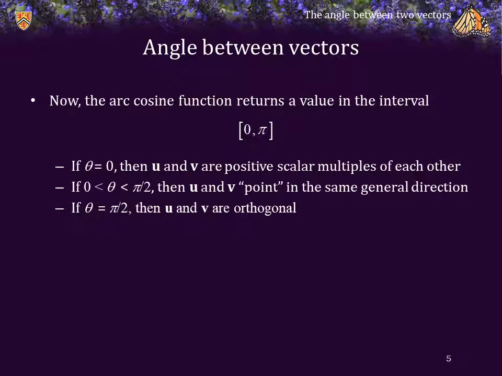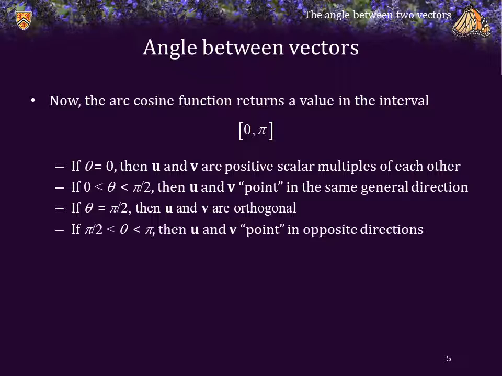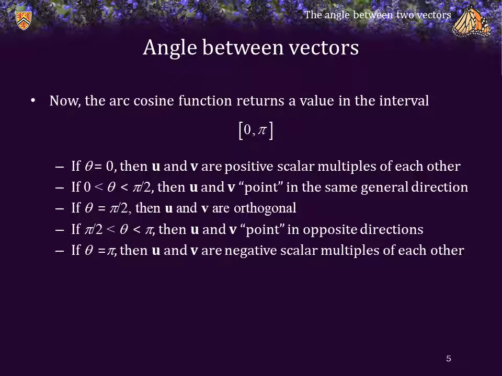If theta is equal to pi by 2, then u and v are orthogonal. If theta is between pi over 2 and pi, then we will say that u and v point in approximately opposite directions. And if theta is equal to pi, then u and v are negative scalar multiples of each other.